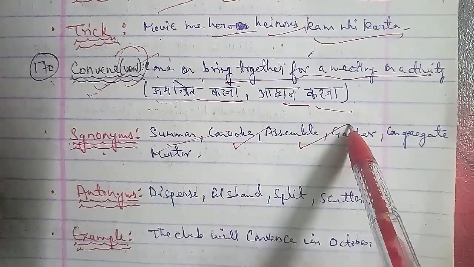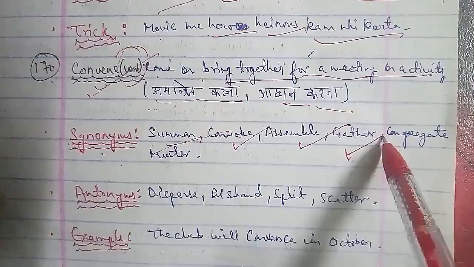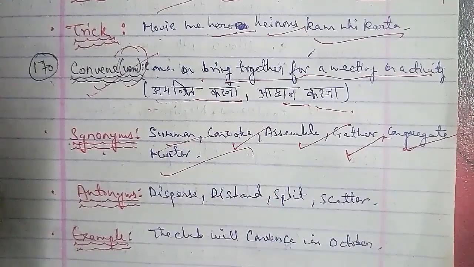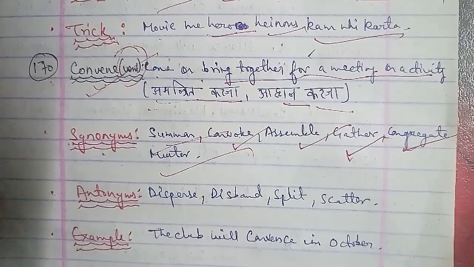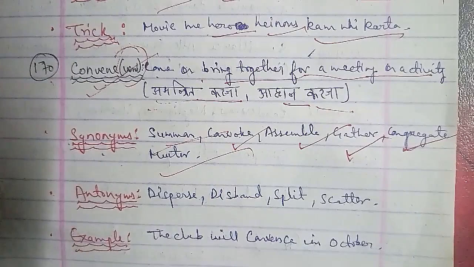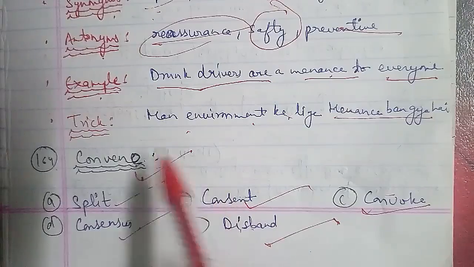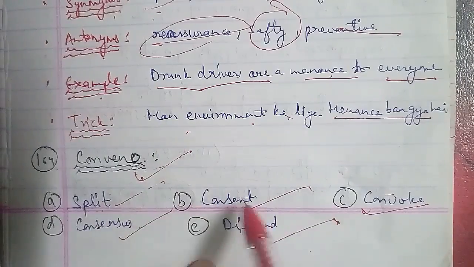Okay, that means it will be आमंत्रित करना और आपका आह्वान करना, to bring together for a meeting or an activity. So the club will convene in October. The trick to learn the word convene we have कॉन्फ्रेंस के लिए कन्वीन किया. Okay, a meeting करना.